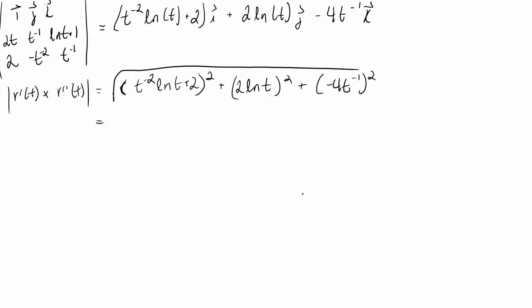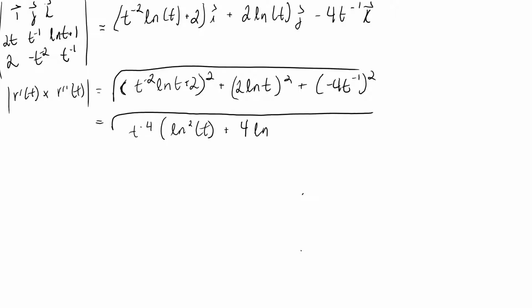We end up getting t to the negative 2 ln squared t plus 4 ln t plus 4, that was our polynomial that we had, plus 4 ln squared t plus 16 t to the negative second.